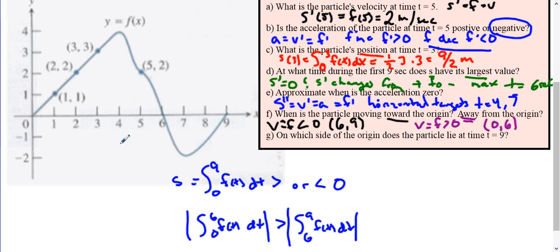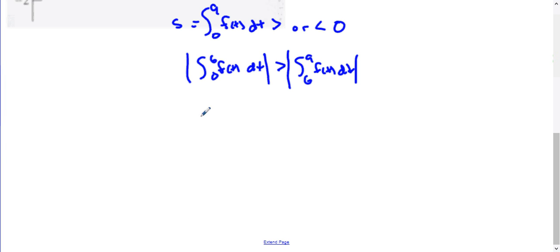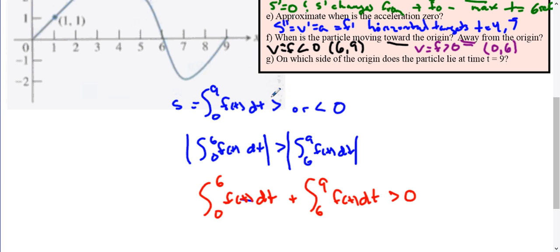Since the area that is positive is greater than the area that's negative, that means if we add the integral from 0 to 6 of f of t dt, our positive area, which is greater, to the integral from 6 to 9 of a smaller area that is negative, this right here will have to be greater than 0, which means the integral from 0 to 9 will definitely be greater than 0.